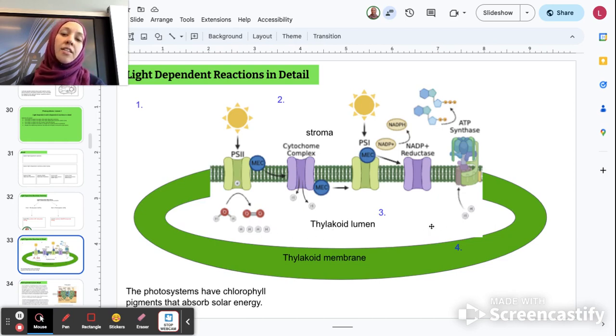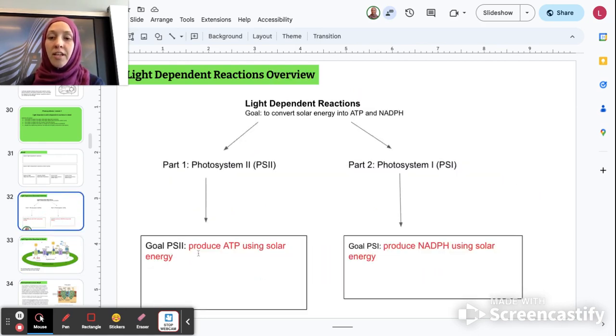Once we get a high concentration of hydrogens inside the thylakoid lumen, they're going to want to leave, and they leave through ATP synthase. That mechanical energy from the movement of hydrogen phosphorylates ADP into ATP. So essentially, our photosystem 2 helped us to produce ATP, which was our goal that we mentioned here, to help produce ATP.